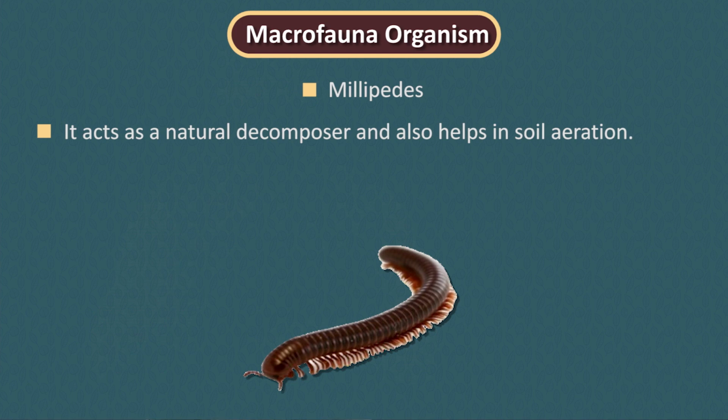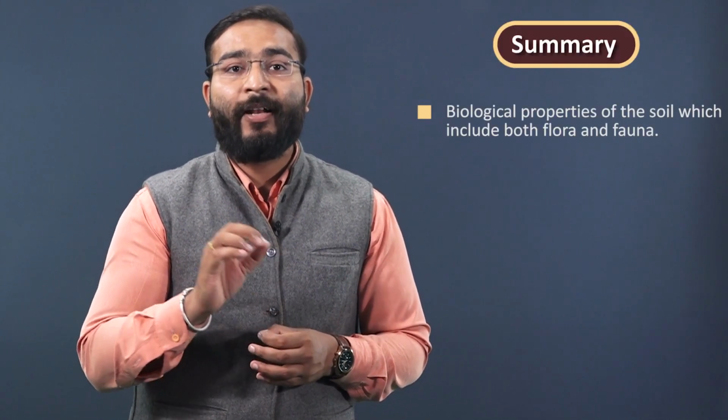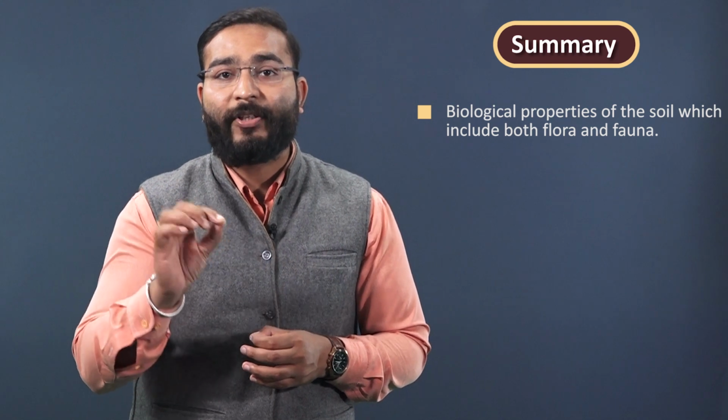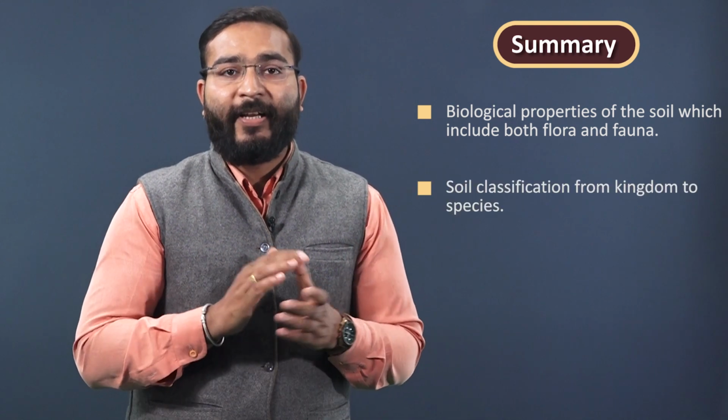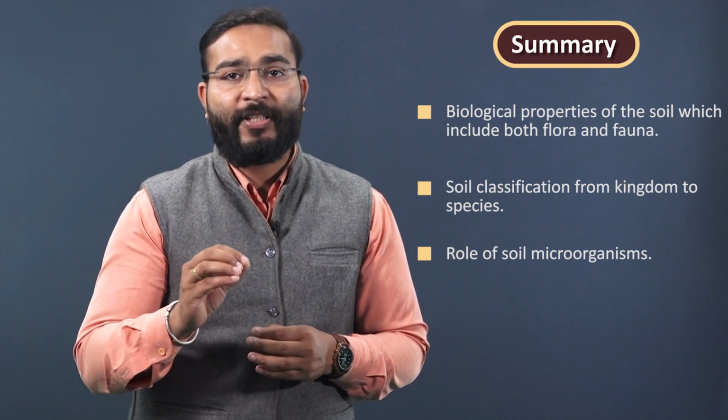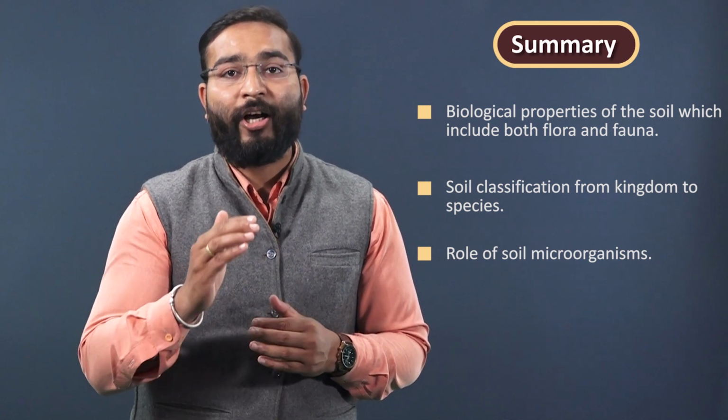Student, let us now summarize what we have learned in this video. First, we have learned about the biological properties of the soil, which include both flora and fauna. We have seen the soil classification from kingdom to species. In this video, we have studied the role of soil microorganisms.